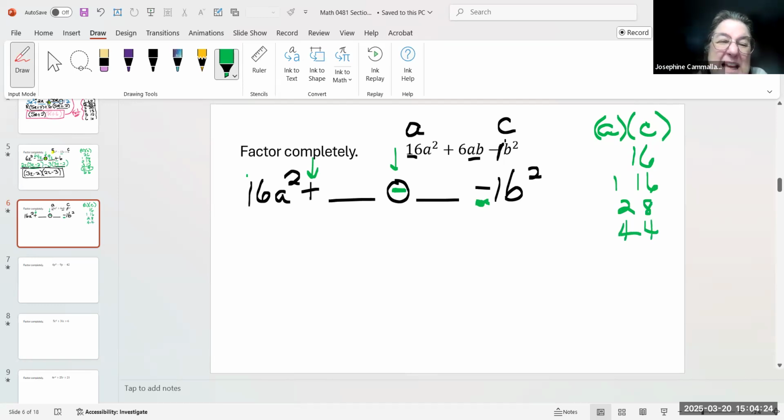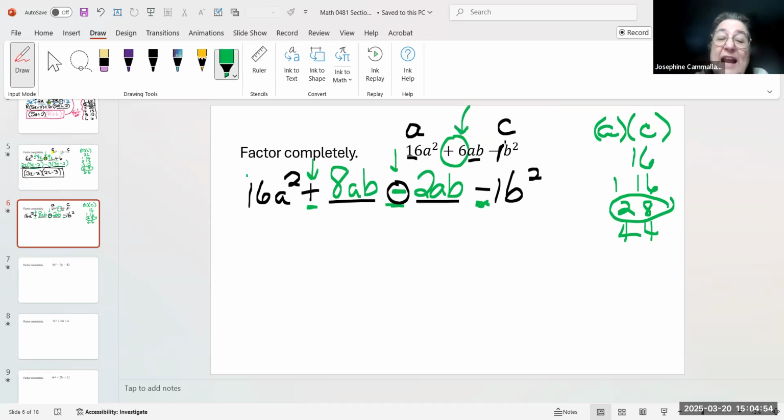But remember, this is a positive, this is a negative. I'm subtracting, which is 2 and 8. Now, look at this 6. 6 is positive. That means 8AB has to sit here. 2AB has got to sit there. The larger factor goes with the fact that I have a positive number in the middle.